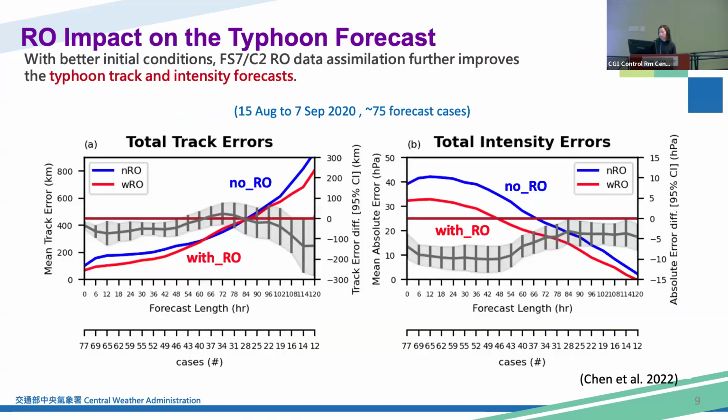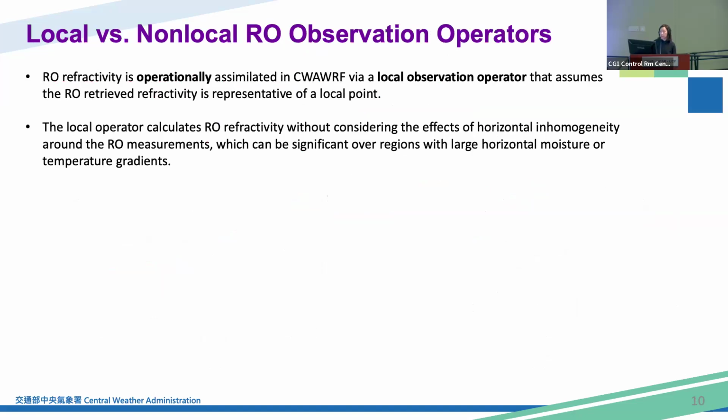We also collected almost 75 forecast cases to realize that with COSMIC-2 data, typhoon track and intensity show good performance in our system. So now let's dive into the more technical issue about the observation operator.